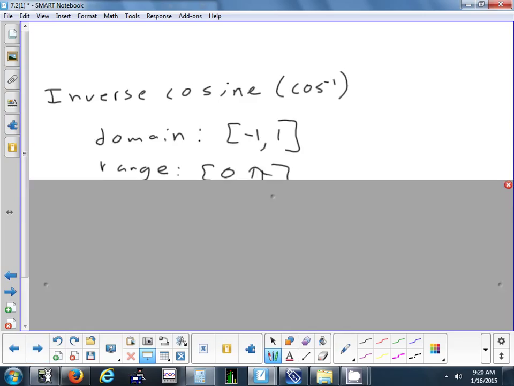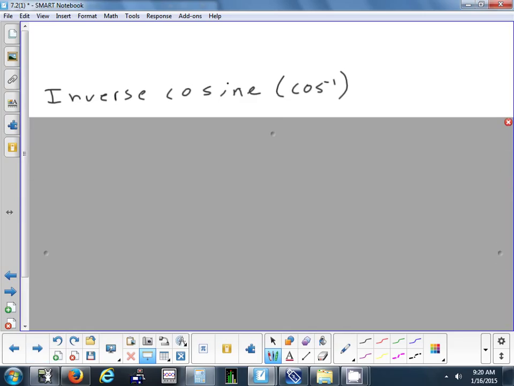Well, it turns out we've got to do the same thing for inverse cosine and inverse tangent. Inverse cosine, though, you can't use the same restriction, negative 90 to 90. That won't work. Let me try to sketch cosine somewhat accurately. Okay, if you use negative 90 to 90, you'd be using that section right there.